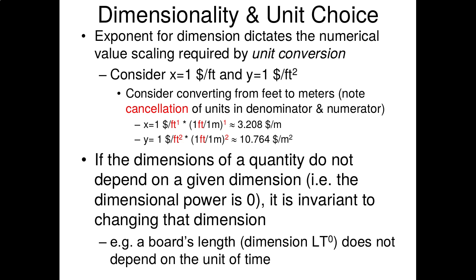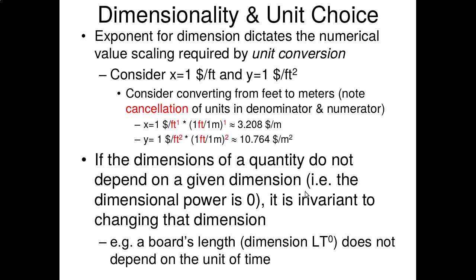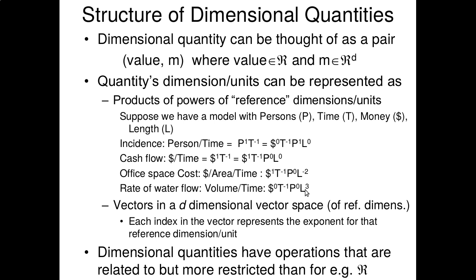That square in the feet ends up squaring the feet per meter. Okay? So it turns out that the exponent associated with a given quantity, like length, tells you by what term you have to multiply those values to convert from one length to another.